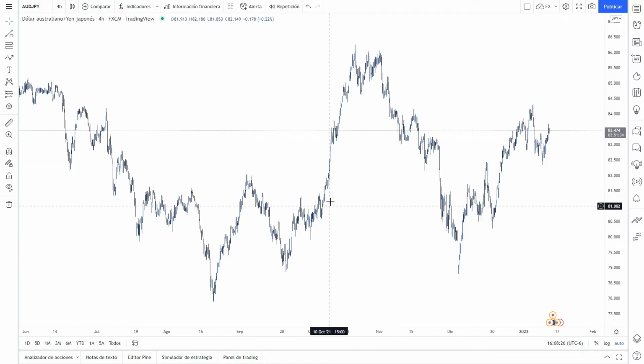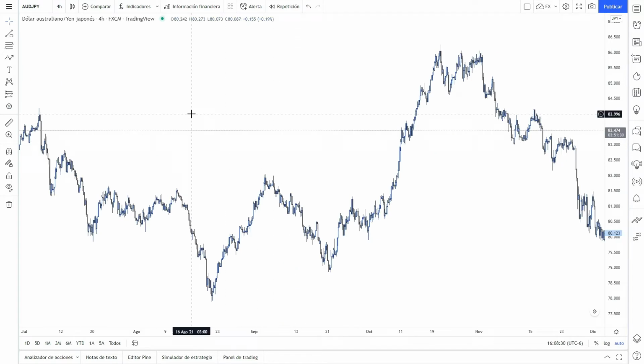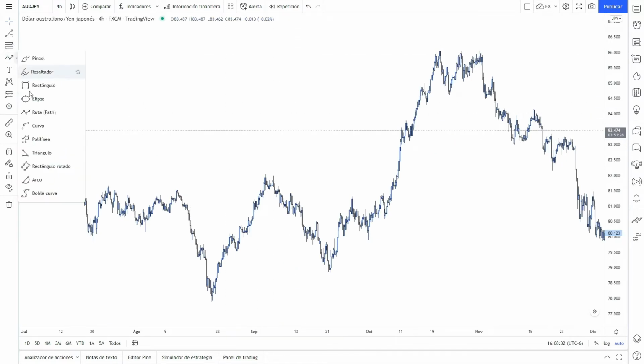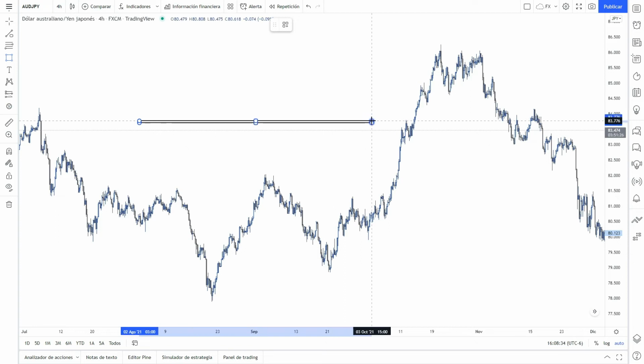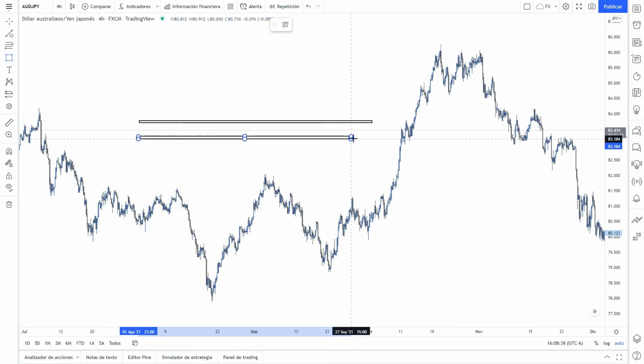So, in practice, how do I apply liquidity? I use support and resistance levels, and I'm gonna teach you how I use them and why I use them.